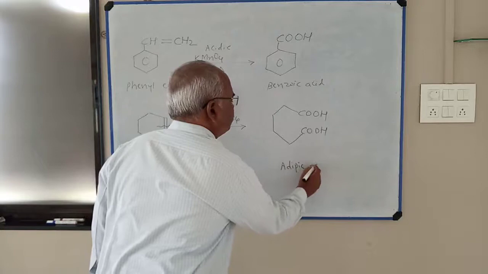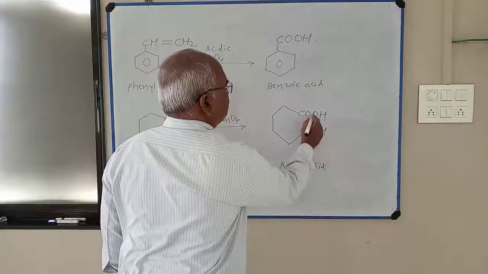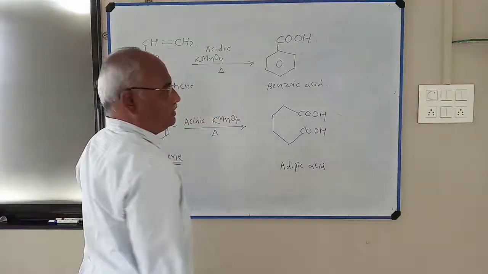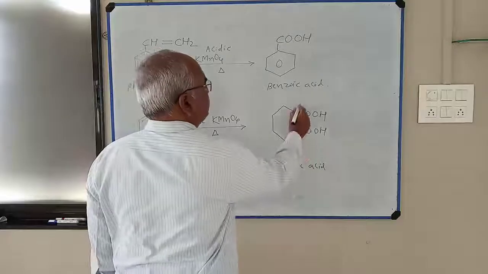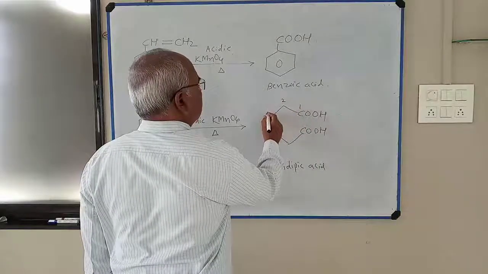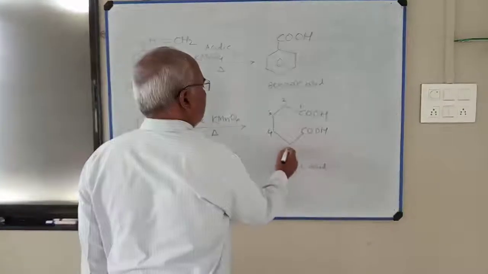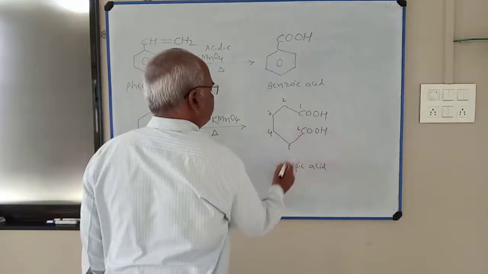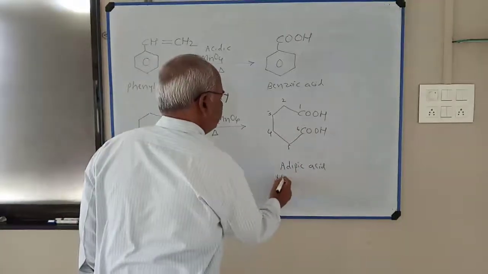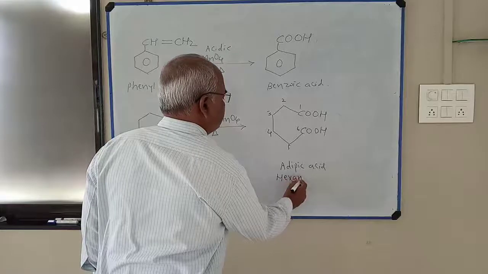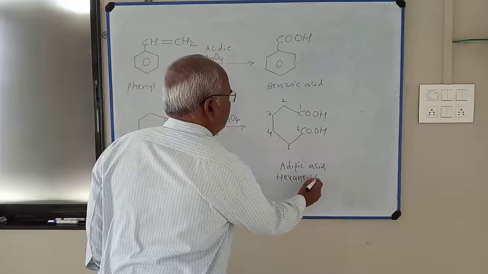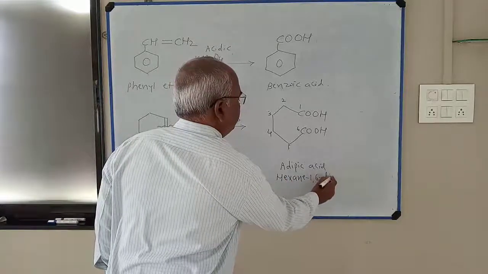Adipic acid. It contains two carboxyl groups. IUPAC name, number 1, 2, 3, 4, 5, 6, hexane-1,6-dioic acid.